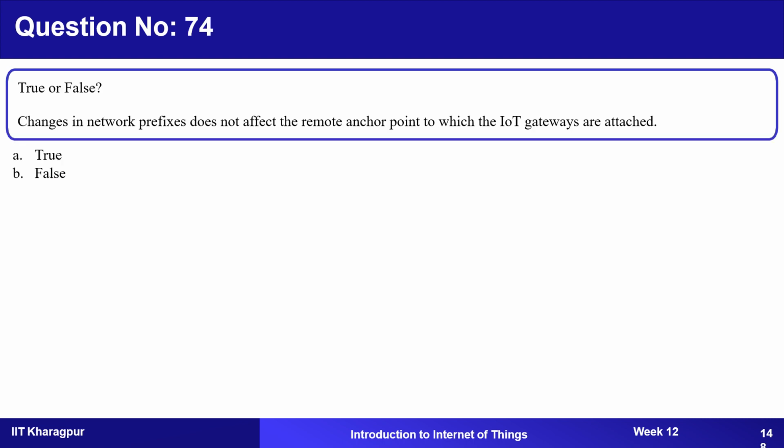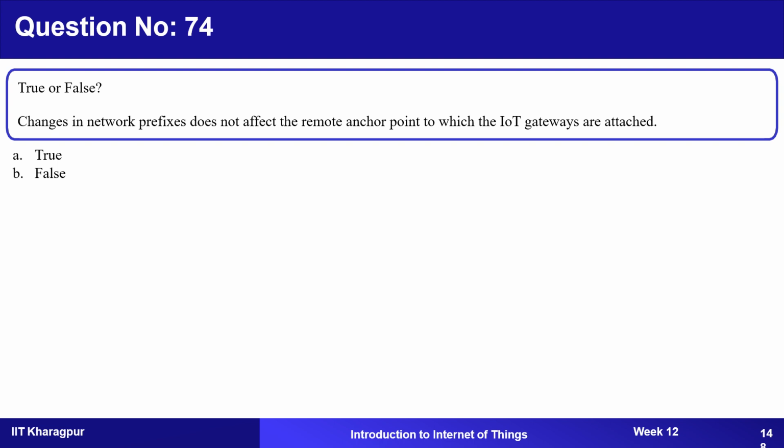Next question, state whether true or false. Changes in network prefixes do not affect the remote anchor point to which the IoT gateways are attached. True or false? I think it affects.